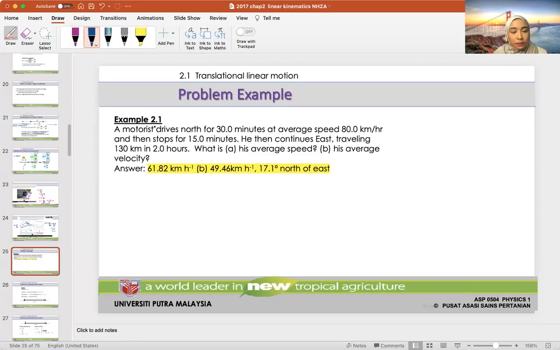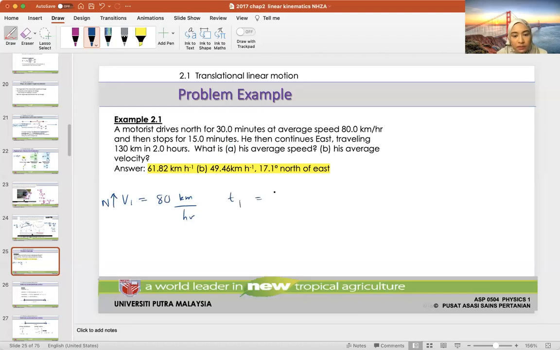Okay, so example 2.1. A motorist drives north for 30 minutes at average speed. Let's say 80 km per hour. So this is V1. This is actually speed, but it has direction north. Let's put it north, 80 km per hour.